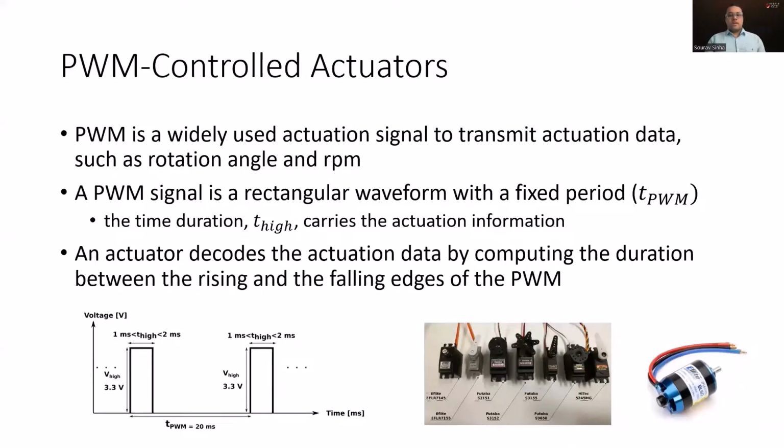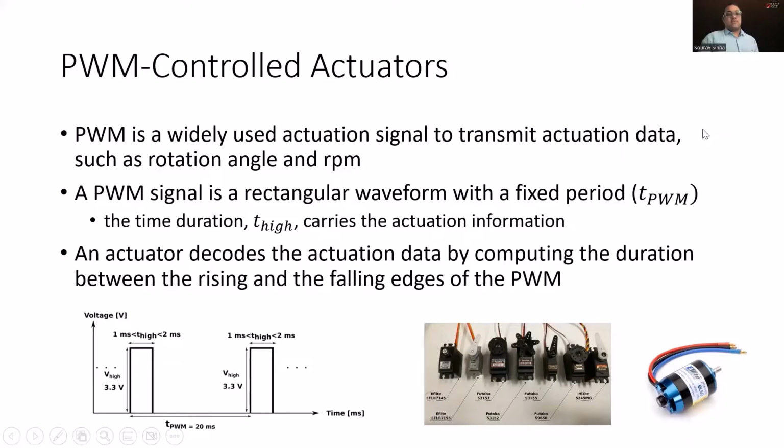The PWM is a widely used actuation signal to transmit actuation data. It is a rectangular waveform with period T PWM of 20 milliseconds, and the duration T high varies between 1 and 2 milliseconds and carries the actuation information.